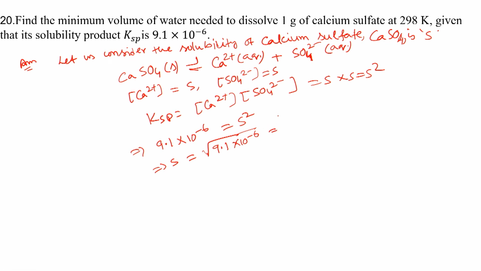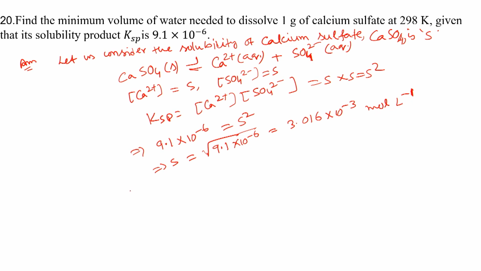So the value we get is 3.016 times 10 to the minus 3 moles per liter. We need to find the minimum volume of water needed to dissolve 1 gram. So this is the solubility of CaSO4, in moles per liter.